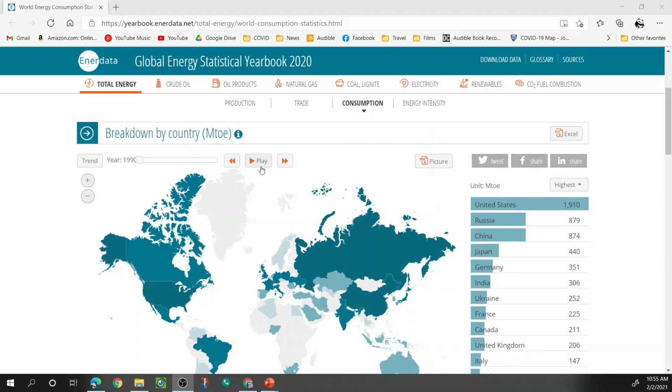I'm not going to hit play yet, and only see the change in the status here. But furthermore, as the positions of these countries change, keep in mind that no countries here are actually decreasing. Every country here is increasing their energy consumption.